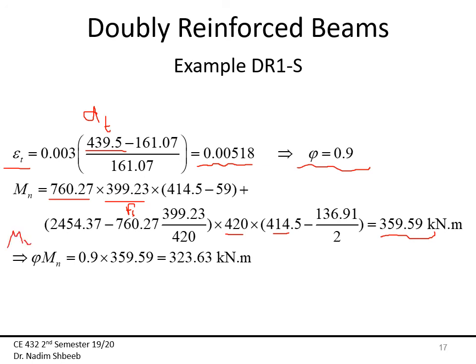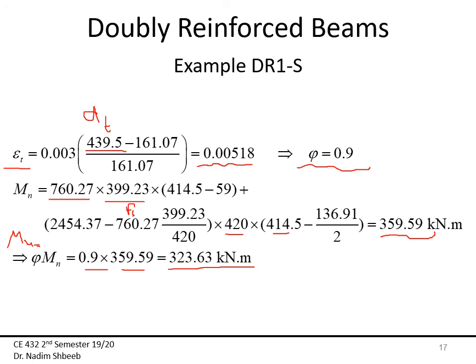Now Mu is just phi Mn, and that's 0.9 times Mn, so this cross section can hold only up to 323.63 kilonewton meter.